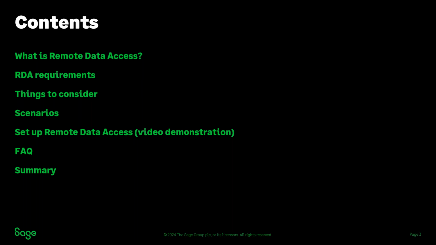We're then going to go through some video demonstrations on how to set up remote data access. We'll then have some frequently asked questions towards the end of the session, and then I will summarize. Again, don't feel like you need to wait until the very end to ask your questions. Just pop them through and I'll pick them up as we go along.